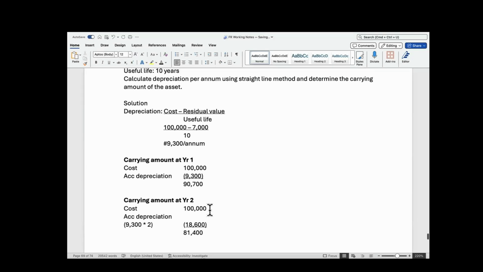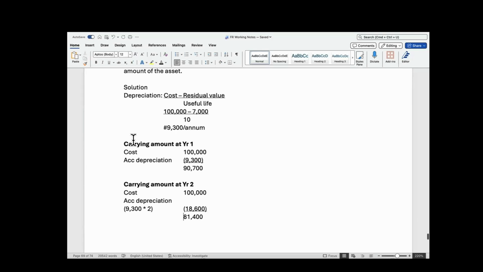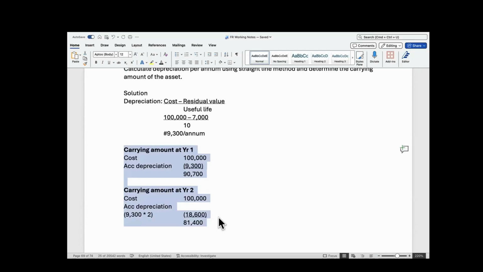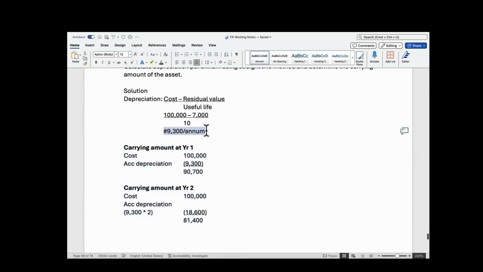Okay. So, as I was saying, I really need you to understand that in real life, this is done in a fixed assets schedule in the notes to the account, right? And usually this depreciation amount goes to your P&L every year. So what goes to P&L every year is 9,300.